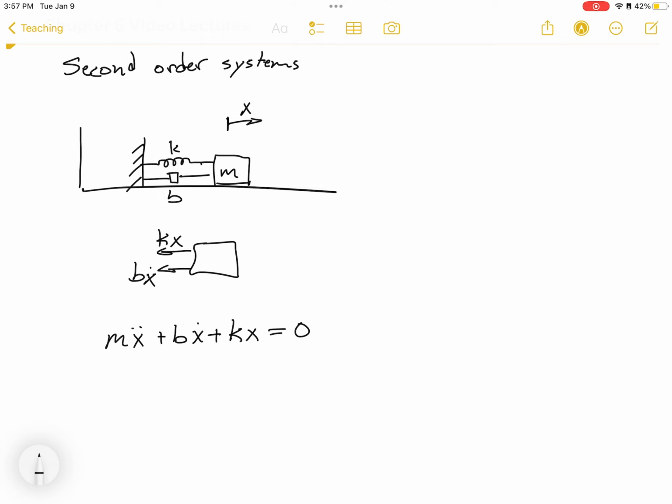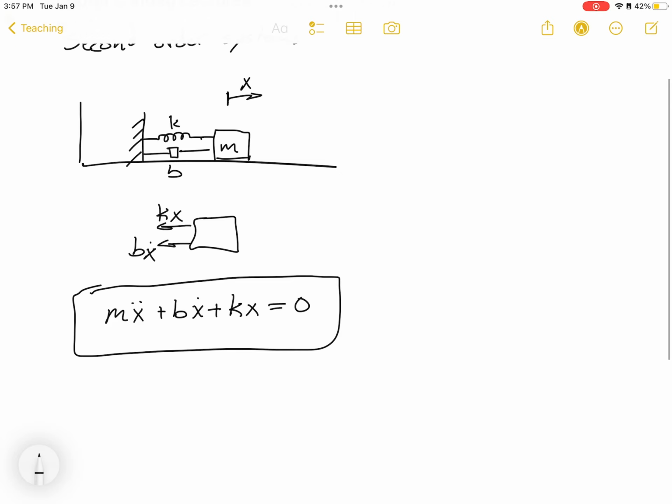And so this is a linear second order constant coefficient ordinary differential equation. And not just this system, but a lot of systems can be simplified to look something like this. You can imagine if it was a rotational system, then the x's might be thetas, but the equation is going to look more or less the same.